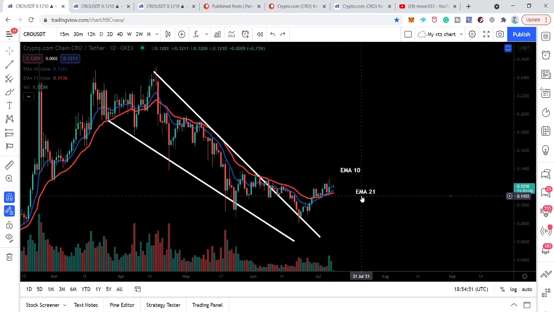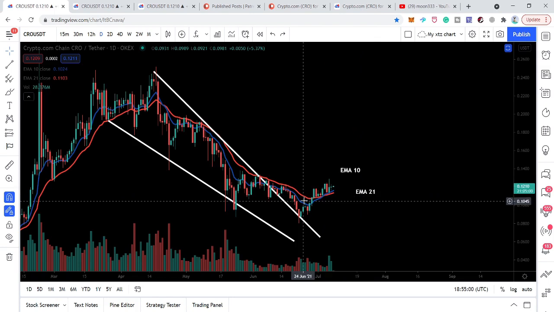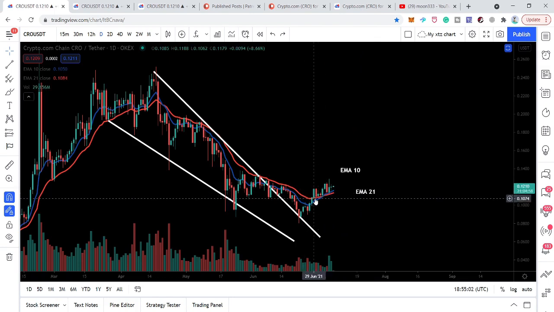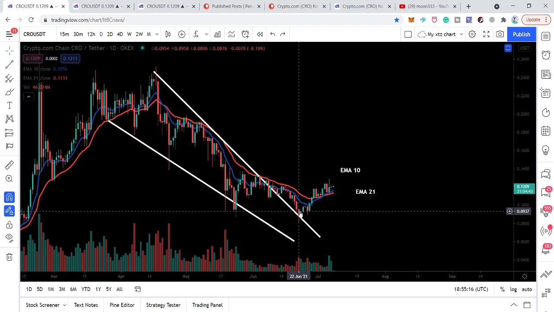Whenever the smaller time period moving average crosses up the bigger time period moving average, that produces a bullish rally. Here we can see that after this bull cross, the price action is still moving sideways above the EMA 10 and 21. Therefore, we can expect that soon, after getting this support, the price line can start the next rally that can be bigger than the previous rally that we have seen so far.